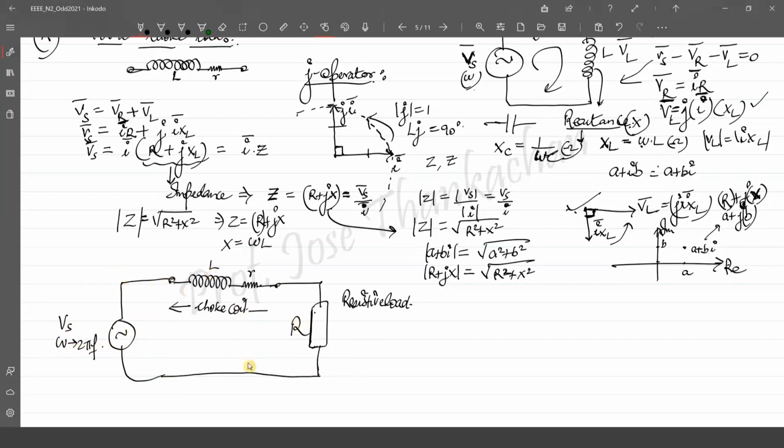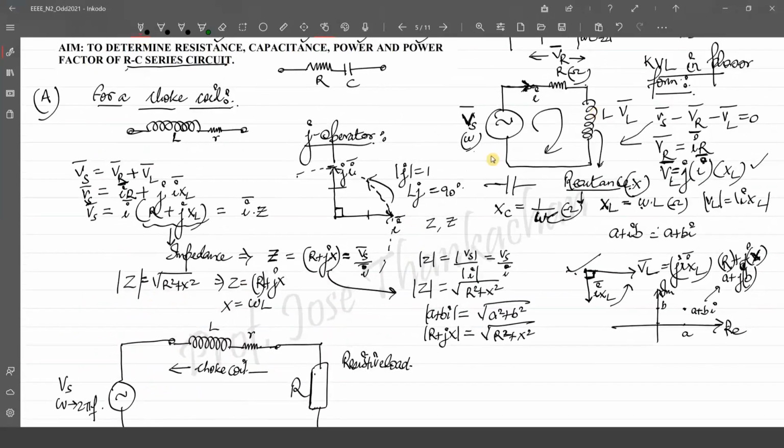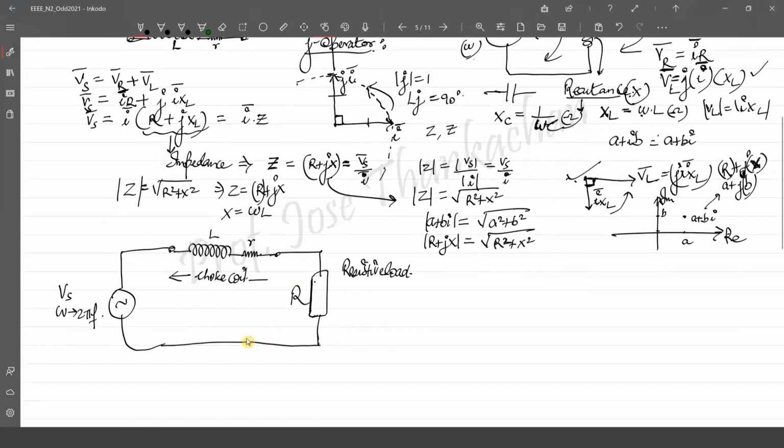So what will happen if I connect it like this? We have seen what happens in the earlier circuit, where R and L were connected to Vs. Whereas here we have capital R in series with a choke coil. This is your choke coil and this is the resistance of the resistive load. Now in your practical, you are going to use a lamp load here.